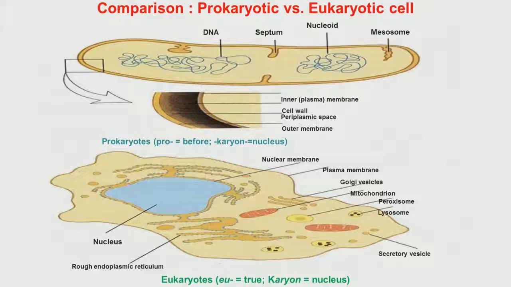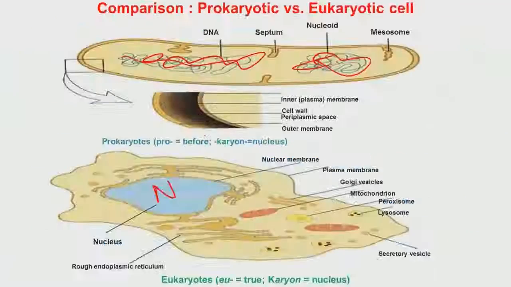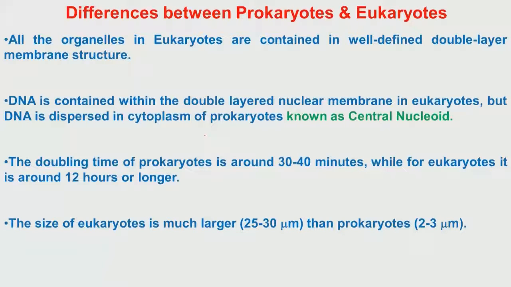In prokaryotic cells, there is no well defined nucleus like in a eukaryotic cell. Instead, DNA, as you can see in the very coiled form, is dispersed in the cytoplasm of a prokaryotic cell. This is the major difference between prokaryotic cells and eukaryotic cells.